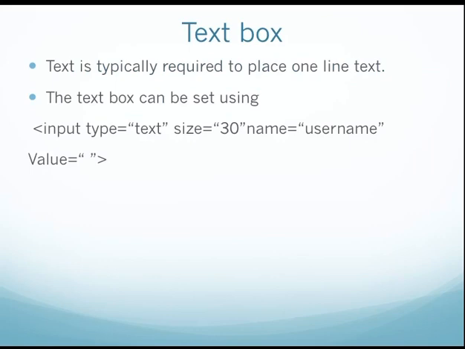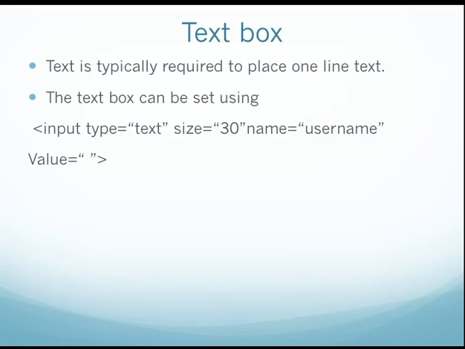So first let's see the syntax, how to create a text box. In order to create a text box, you should first open the form tag. Then you should open the input tag and write input type is equal to text. So type is equal to text indicates that you are creating a text box. Then you will specify the size, how many characters you want in your text box.